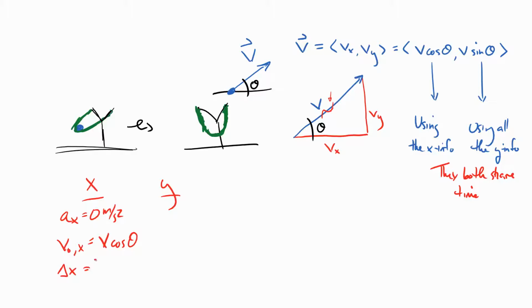I want to know what delta x is, and that's all I've got. And in y, I know that a_y is equal to, now, minus g, because I made y positive. If y is positive and it's going up, then acceleration is negative because it's going down. I know that the initial y velocity is v sine theta.